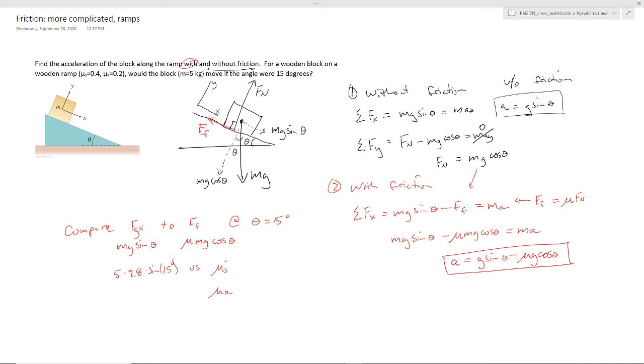For mu s, we would have 0.4 times 5 times 9.8 times cosine of 15 degrees, as well as half that, so this kinetic case.